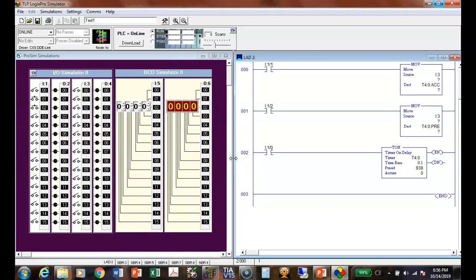So we have 3 input modules and 3 output modules. So we have module 1, module 3, and module 5 for inputs. And then we have modules 2, 4, and 6 for outputs.